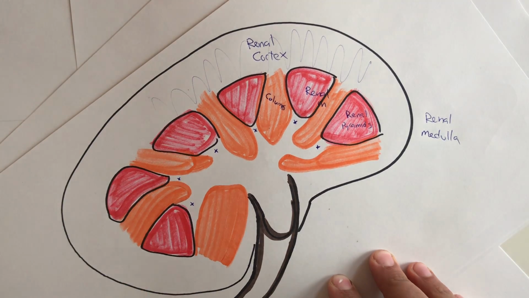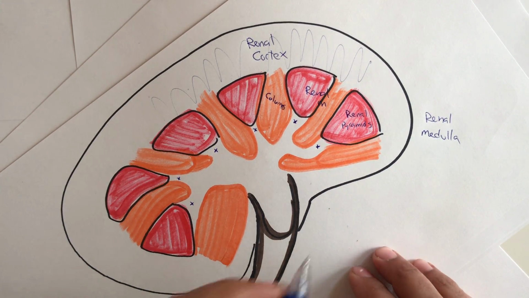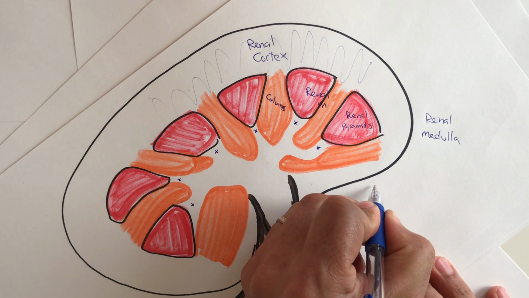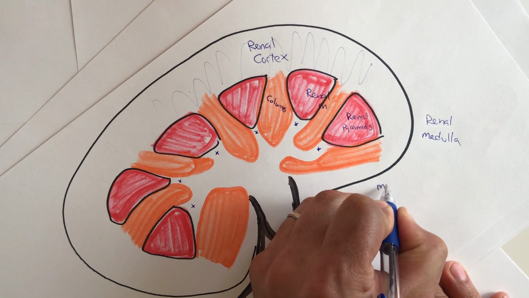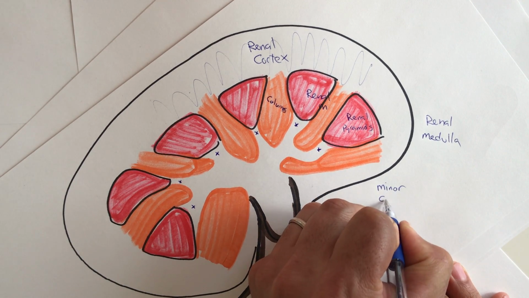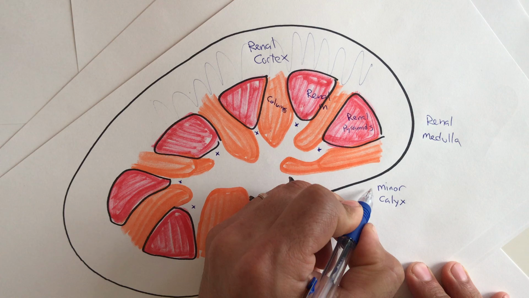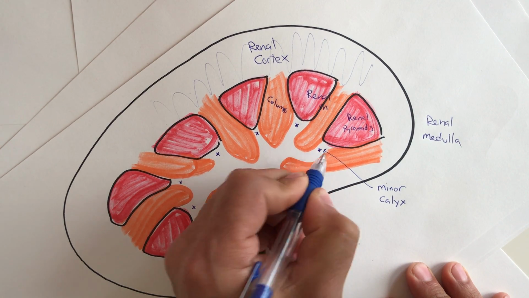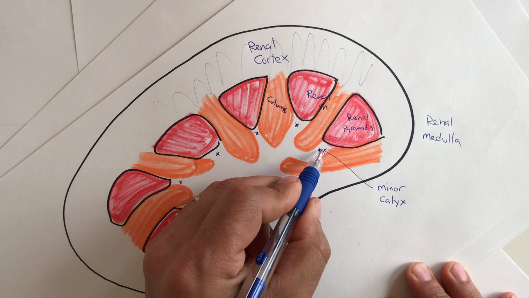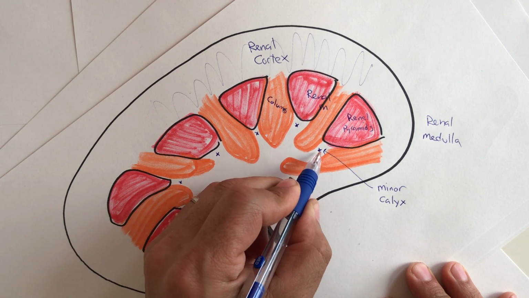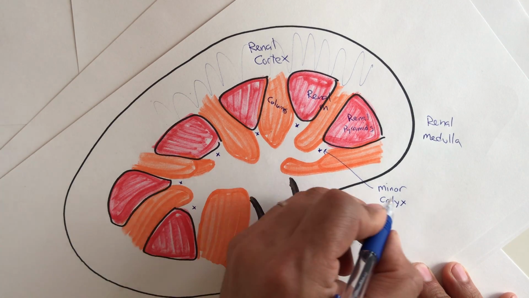These are called minor calyces, and the singular form is called a calyx. So this little white region that you see here is a minor calyx.